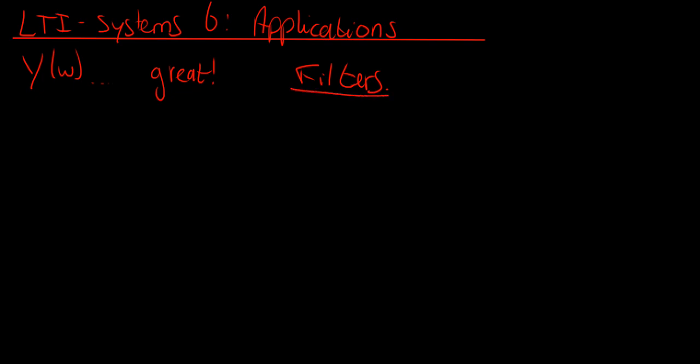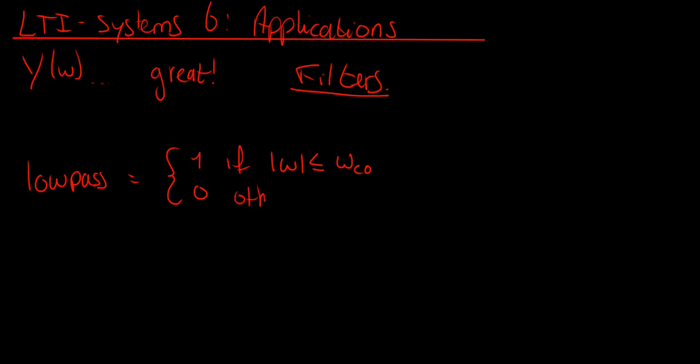For example, we have a low pass filter. A low pass in itself can be seen, of course, as a system where it is 1 only if the frequency is below a certain cutoff frequency and 0 otherwise. And this cutoff frequency you choose yourself.